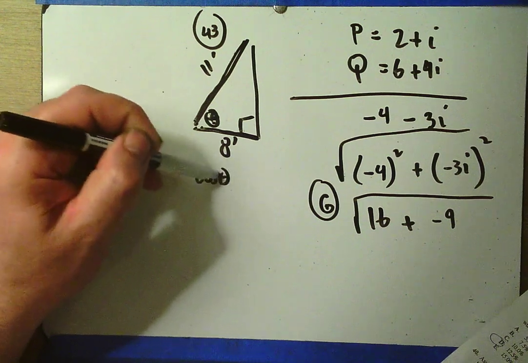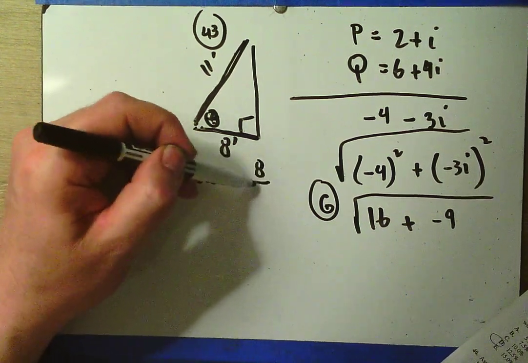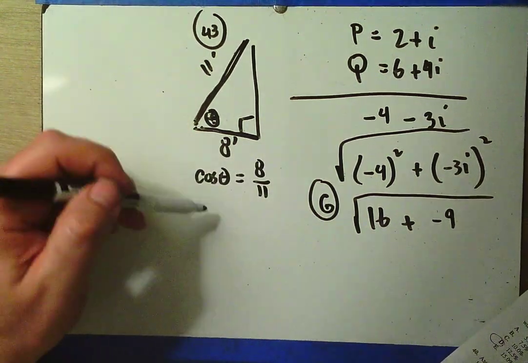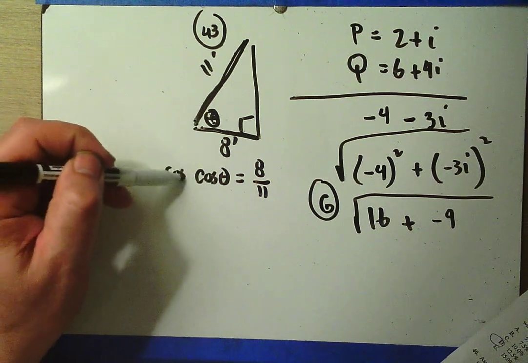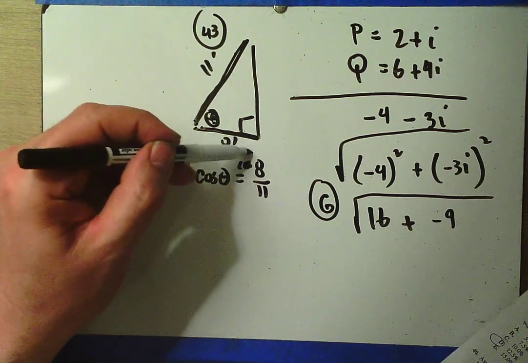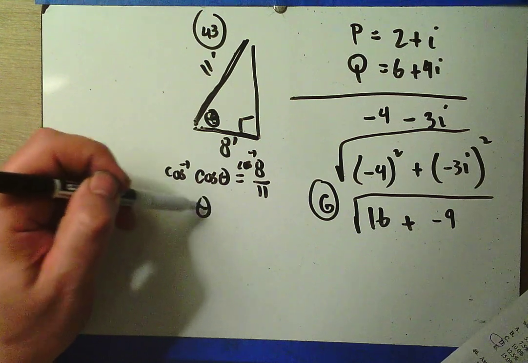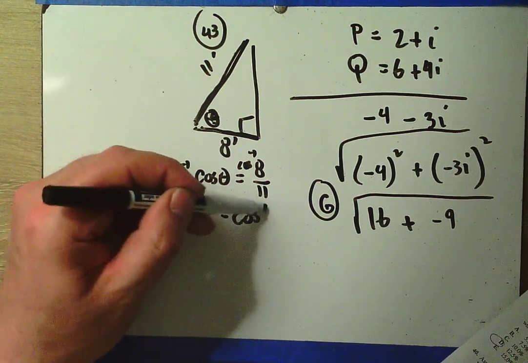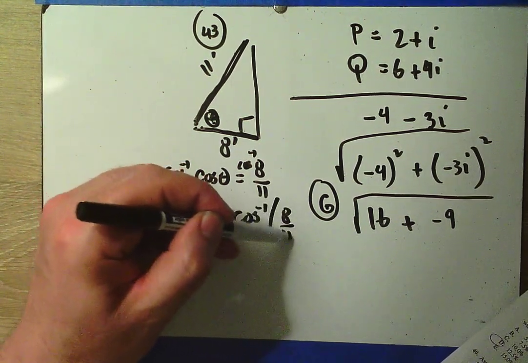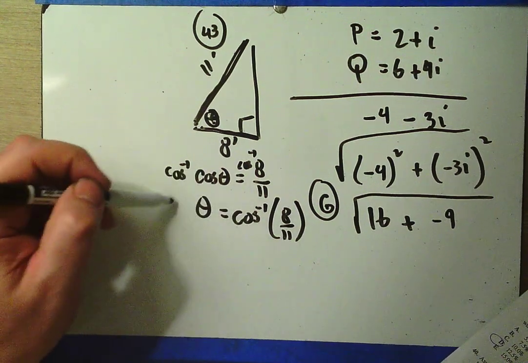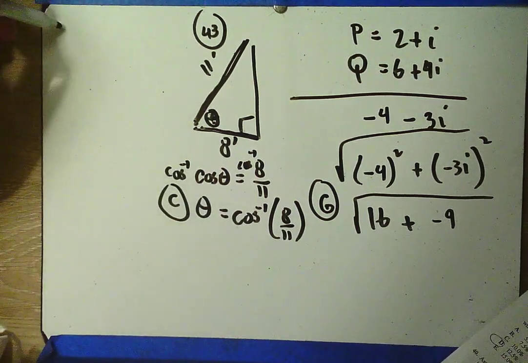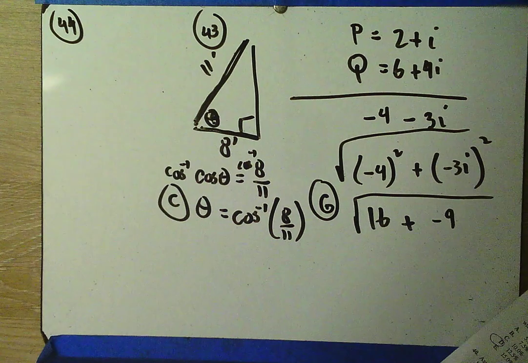We know that's cosine of theta. That would be 8 over 11. But I want to solve for theta. So I'm going to take the inverse cosine of both sides. Theta is cosine inverse of 8 over 11. And that corresponds to choice C. 44.